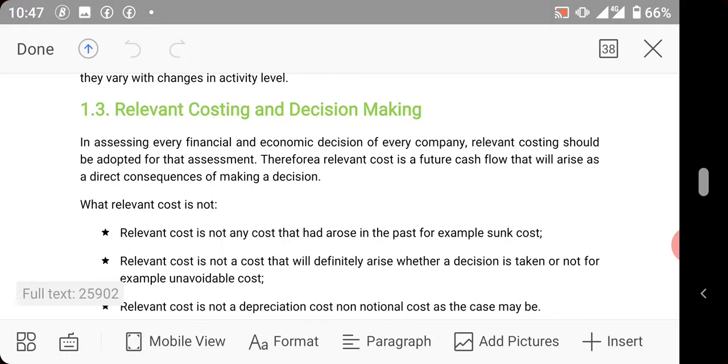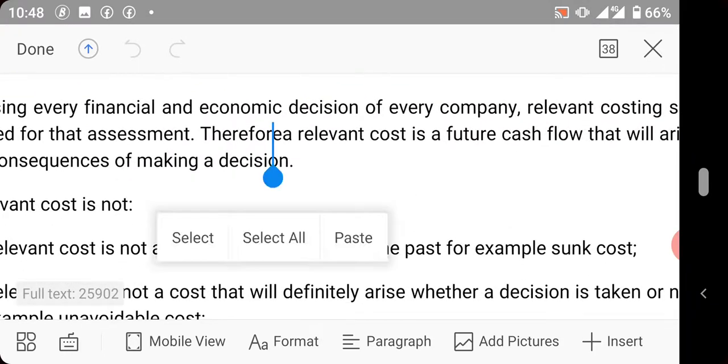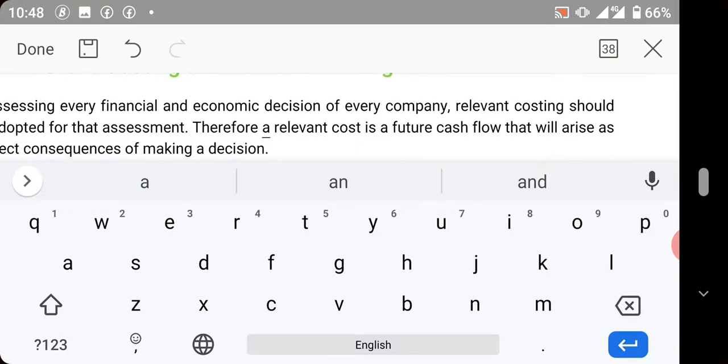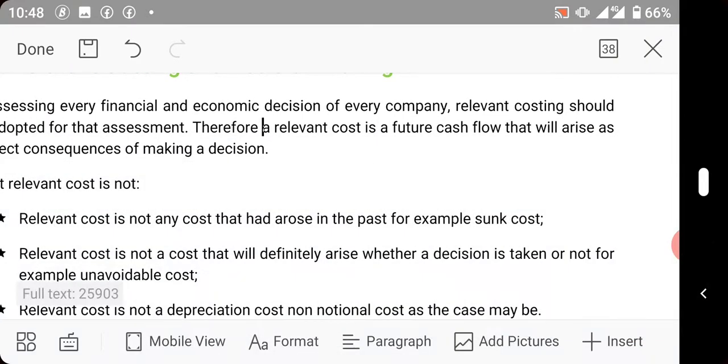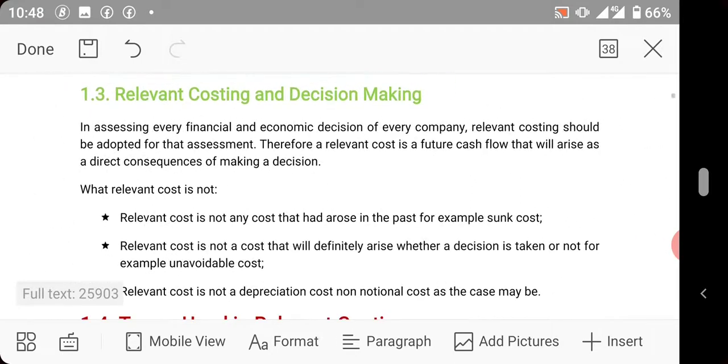Okay, now in assessing every financial and economic decision of every company, relevant cost should be adopted for that assessment. Therefore, a relevant cost is a future cash flow that will arise as a direct consequence of making a decision.